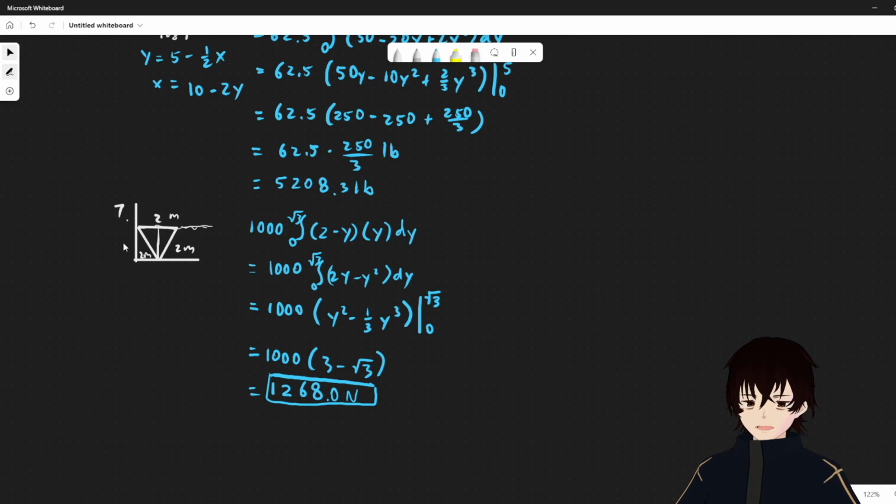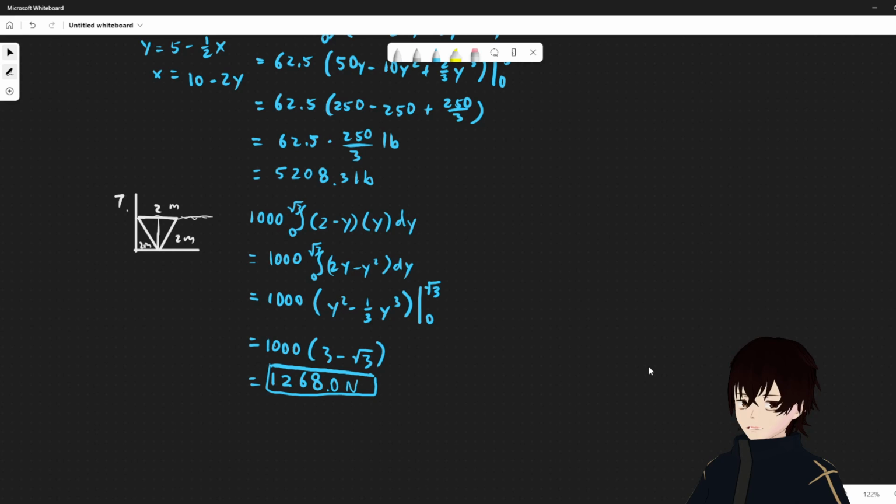From 0 to root 3. Yeah, first off, if we use 9.8 as gravity, this should have been this. But that still doesn't fix this.